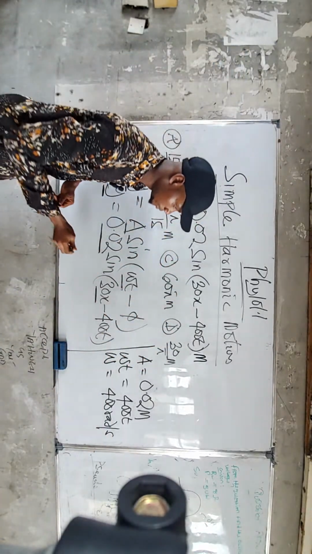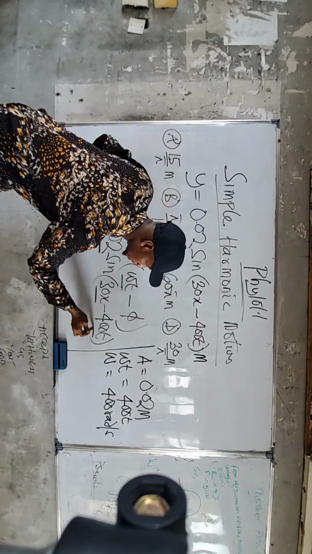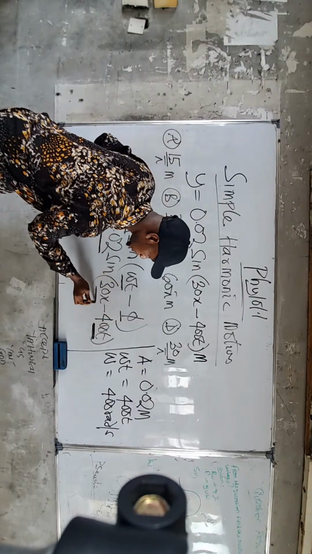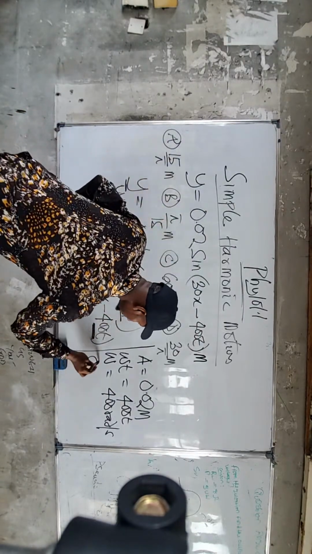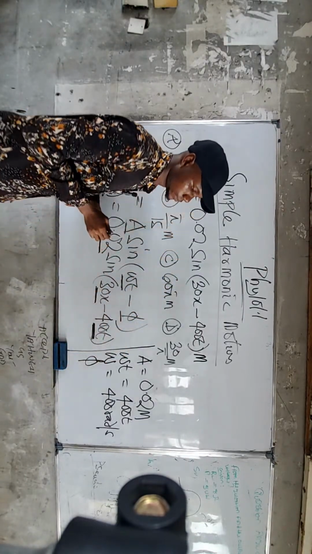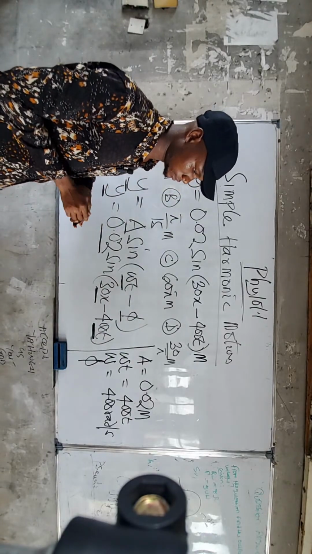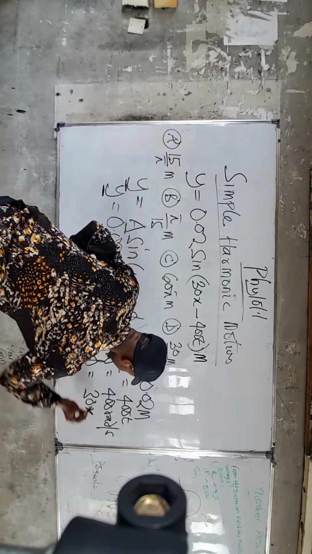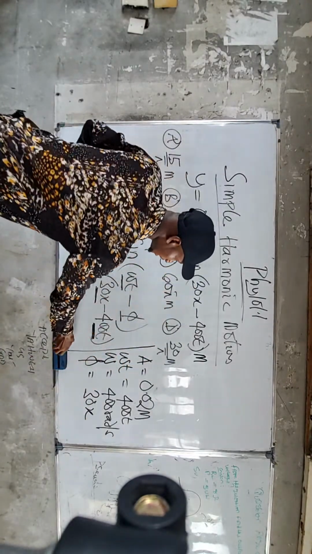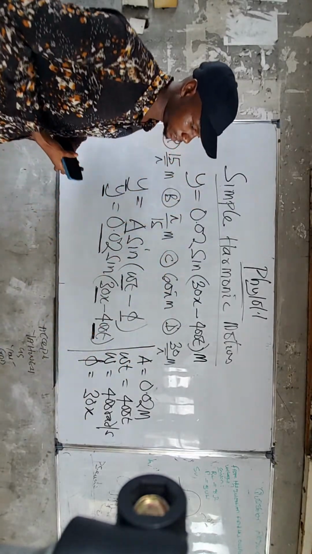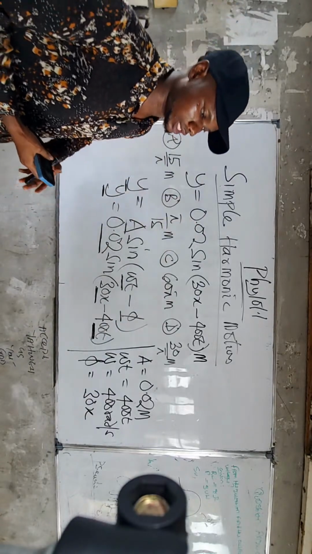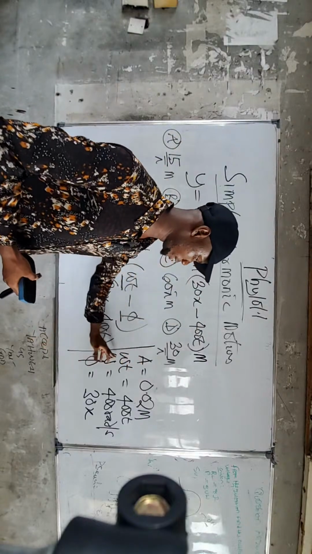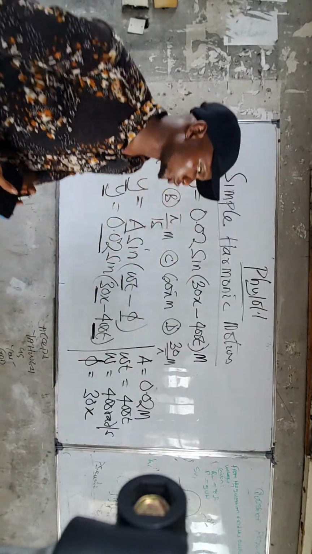So now let's compare. After comparing the one that has t here with this one, this one here will be this. Please take note. So our phi, which is representing phase angle or phase shift, is said to be equal to plus 30x. Now from these parameters, A, omega, and phi, we can now solve what we are asked to solve.